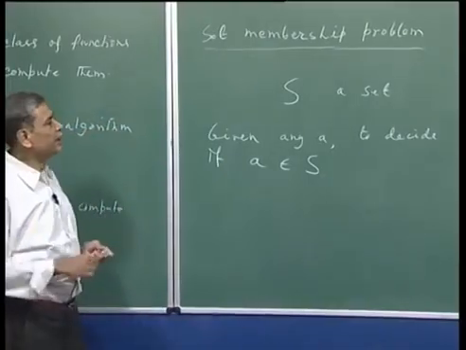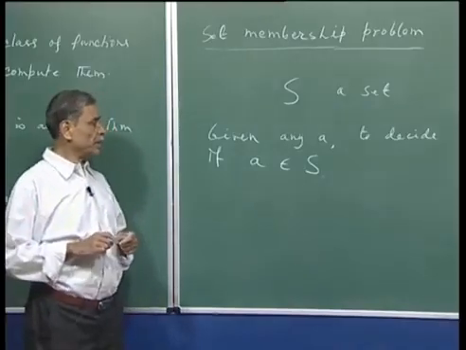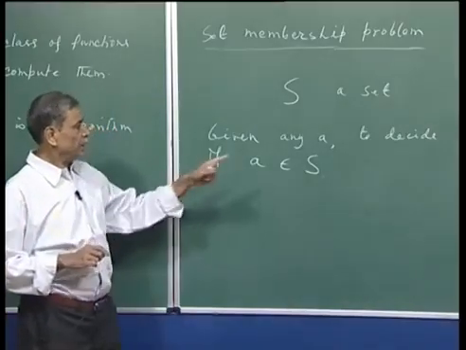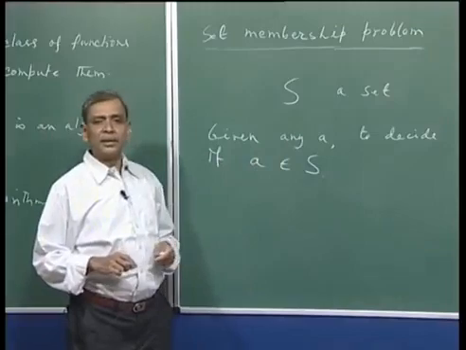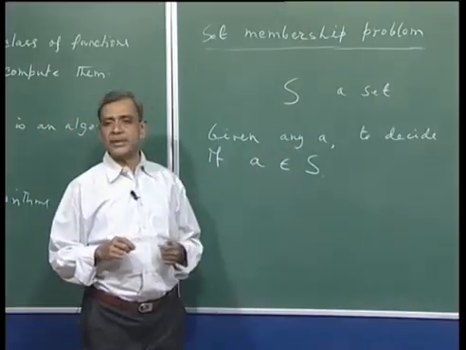There is a set, in some way we understand what that set is, and now you give me some element A, and we would like to know whether this element belongs to the set S or not.